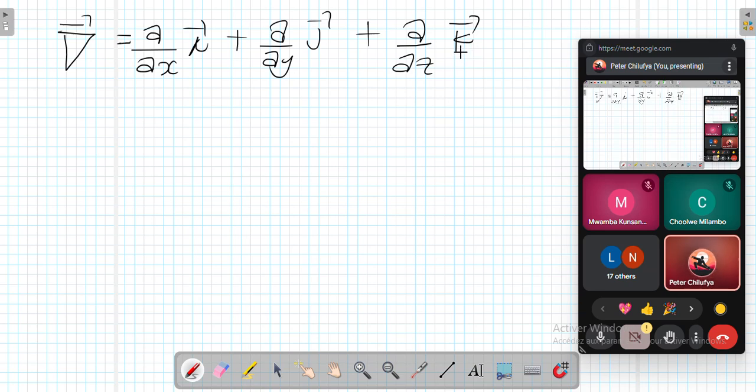Notice that when I write the hat, I'm saying z direction to remind you that it is just a unit vector in the z direction. Nabla is a vector. It's just an operator. It doesn't mean anything. It's just an operator to help us with remembering some formulas.